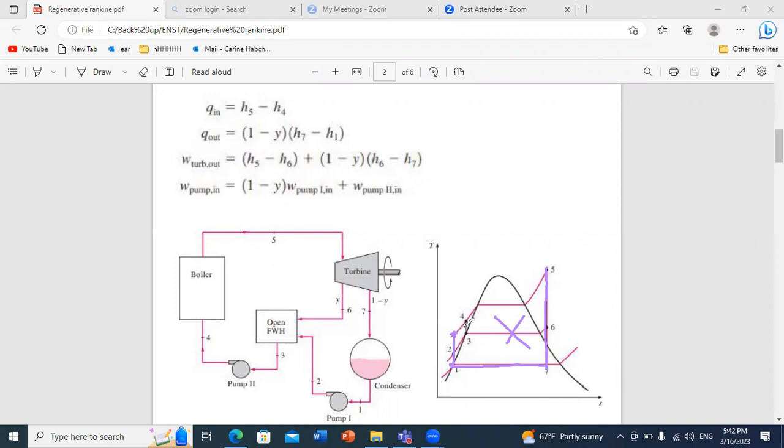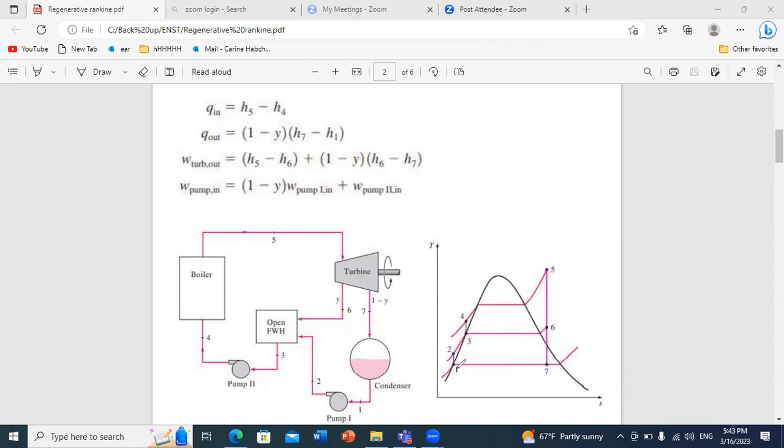Let's say this is a point that is not in this cycle. I will call it point Z. For point Z, the temperature is smaller than at point 4. And therefore, in the boiler, I will have to provide a much larger value of heat. So all of this part will be extra. I should provide an additional heat compared to my cycle now.